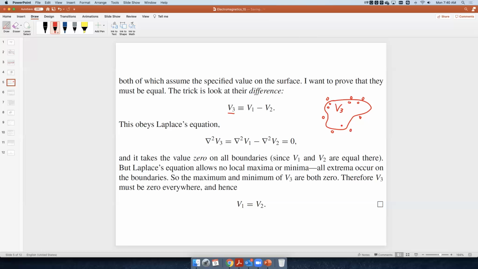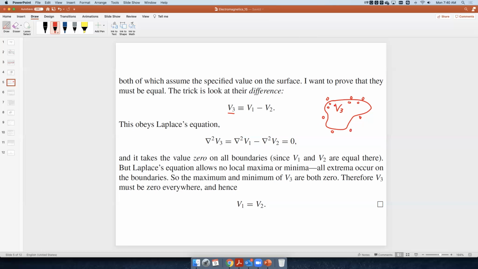Otherwise, if you have some position close to the boundary which is non-zero, say 1, then there must be some maximum or minimum value found in the entire region. So it has to be all 0 everywhere in this region. So V3 should equal 0 everywhere.